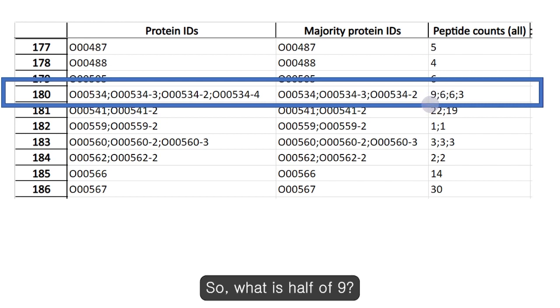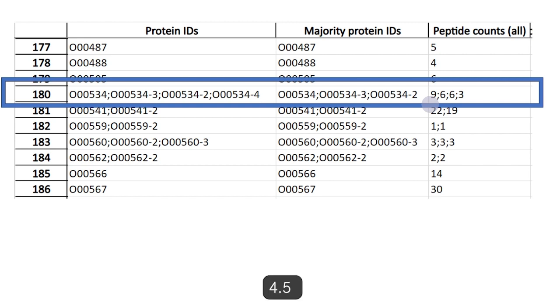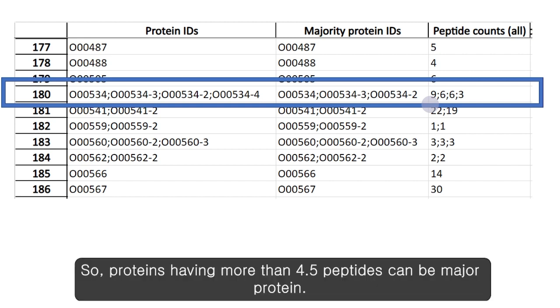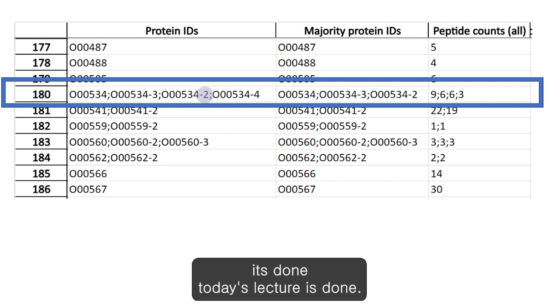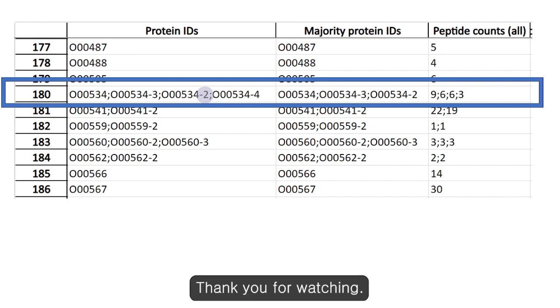So what is half of 9? 4.5. Yes. So proteins having more than 4.5 peptides can be major protein IDs. So in this case, O00534, O00534-3, O00534-2 are major protein IDs. Great, it's done. Today's lecture is done. Thank you for watching.